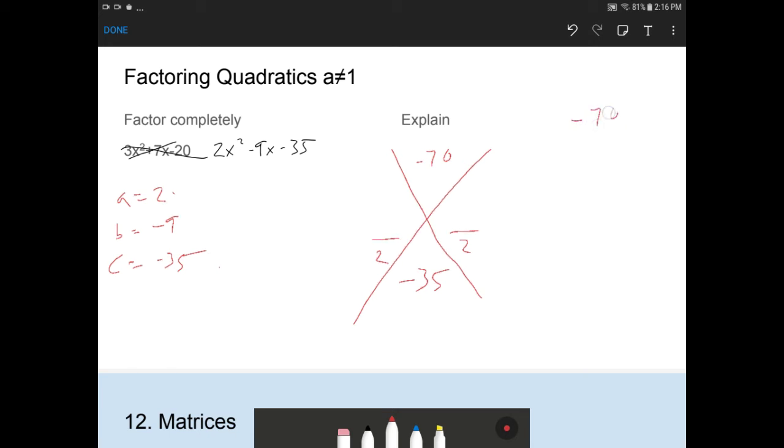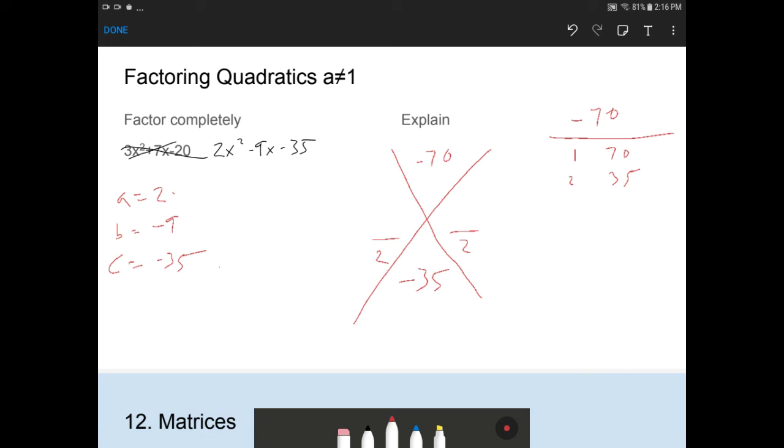So negative 70, that's 1 and 70, 2 and 35, 3, no, 70 and 4, no, 70 and 5, yes.